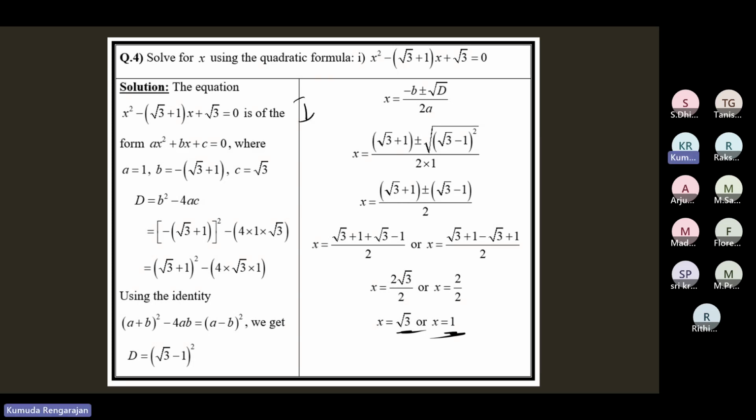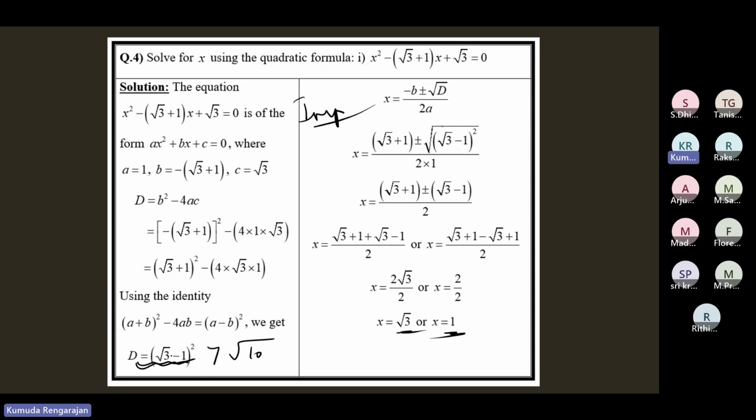Very important. Remember, D should be a perfect square. D should be a perfect square. Only then it's easy to proceed. Whenever you get D here, it should be a perfect square. But sometimes you'll get something like 7 or 10, then it will be root 10.